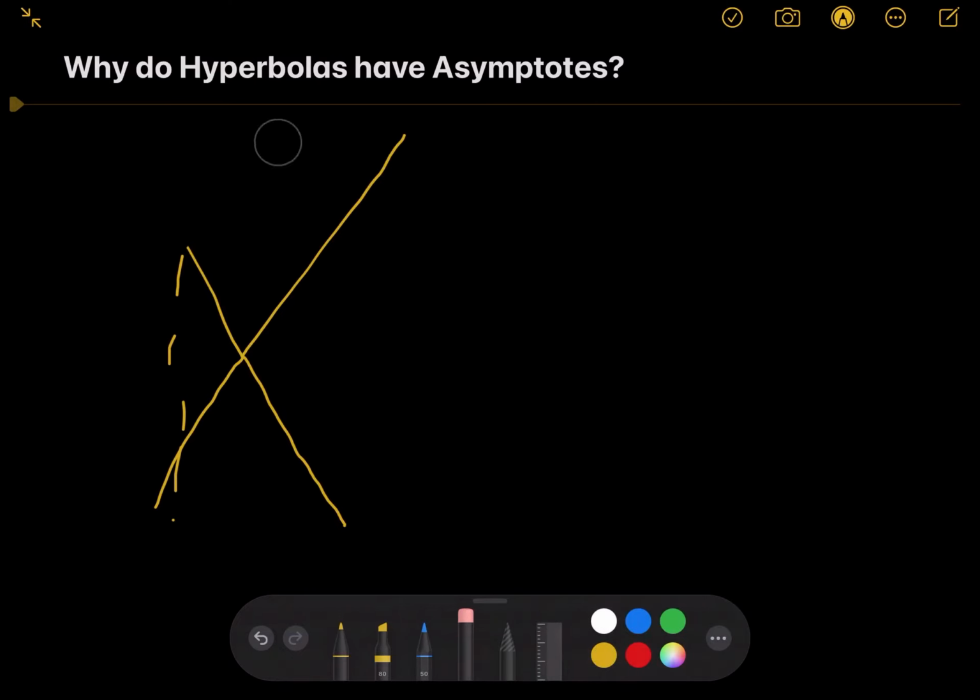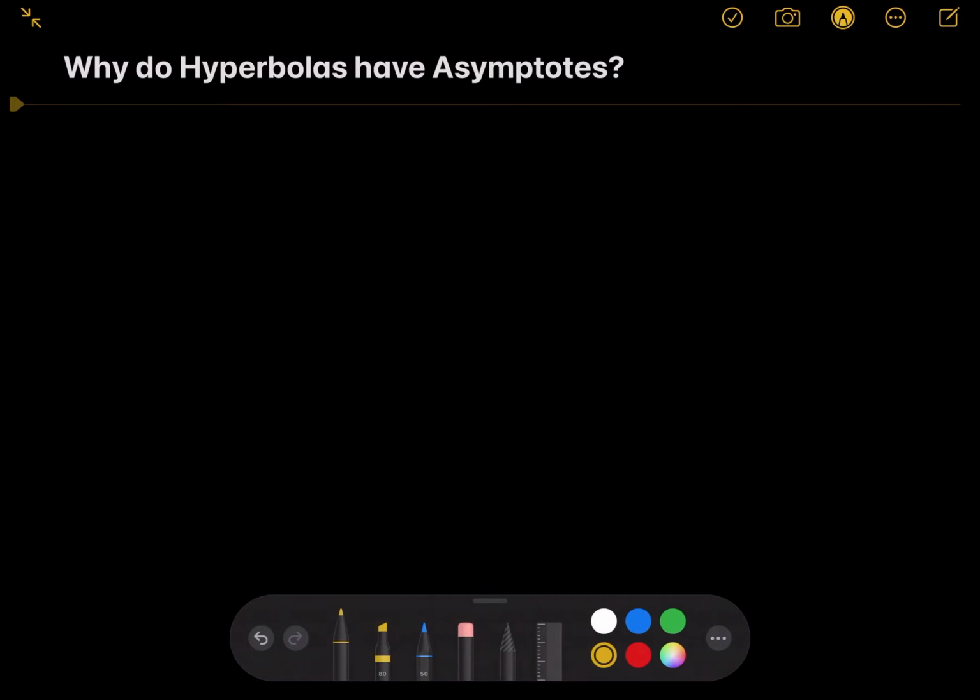But yeah, so a hyperbola generally has an equation that looks like this, and you could have two orientations of hyperbolas. I'm just going to go ahead with this one. Generally this is the most basic form of a hyperbola: y squared minus x squared is equal to 1.